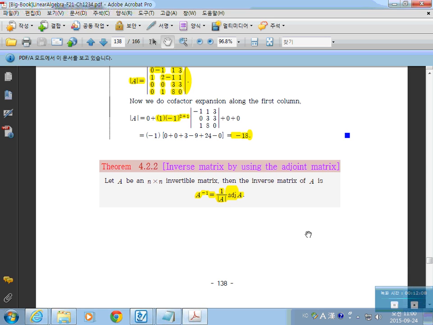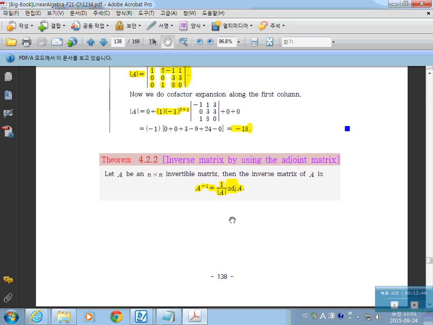As I proved on the board, if you multiply by A inverse, when A inverse does exist, on both sides, then divide both sides by the determinant of A, we get this formula, which says the inverse of a given matrix can be easily found if you compute the determinant of A and the adjoint of A, like what we did.